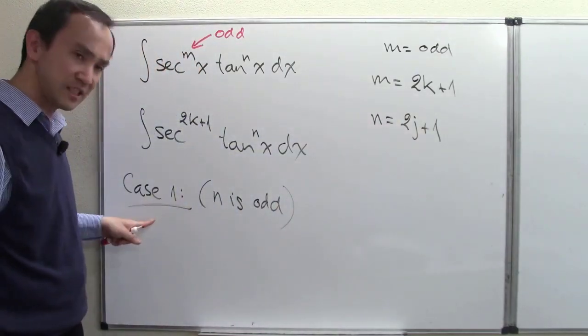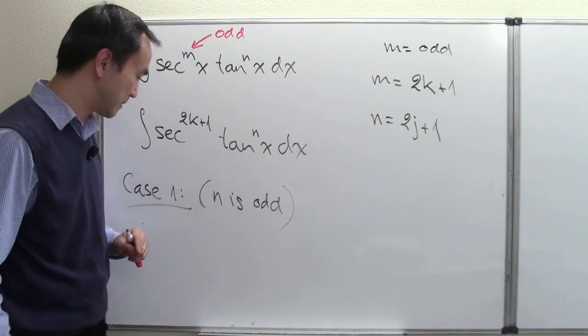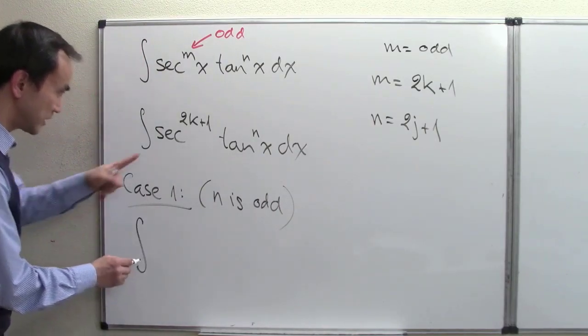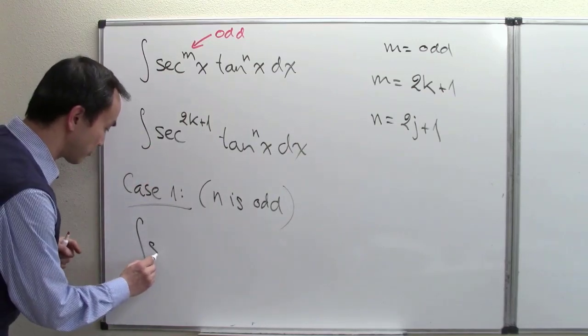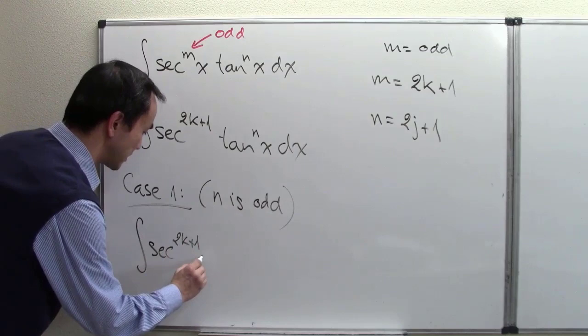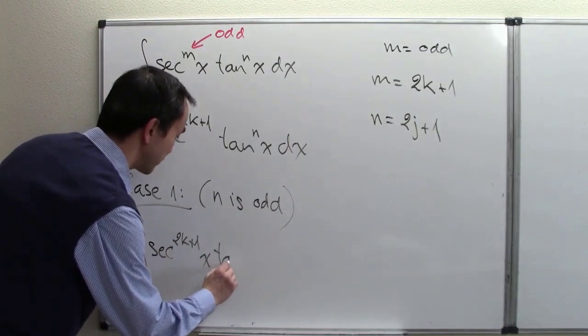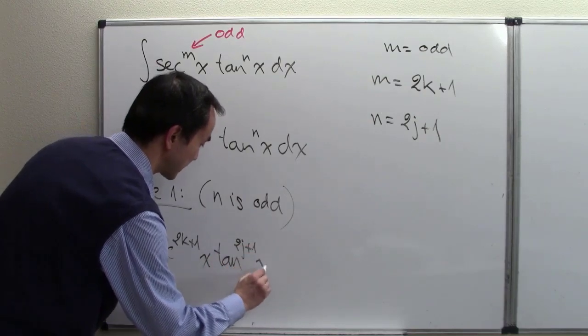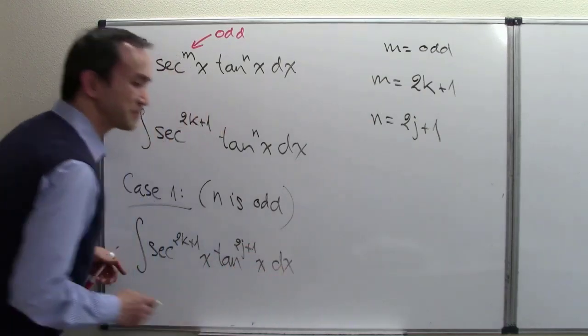And that's this case specifically. So this integral will become the integral of secant to the power 2k plus 1 of x times tangent to the power 2j plus 1 of x dx.